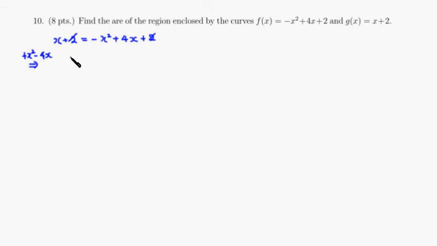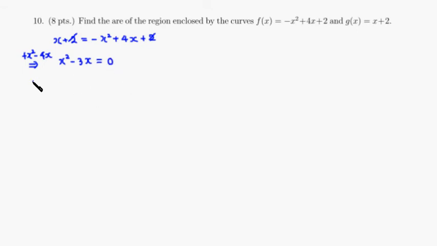So what you have is x squared on the left because you're adding x squared. Then subtracting 4x, but you have x already here, so it's going to be negative 3x. That's everything, and nothing is on the right-hand side, so it's equal to 0.